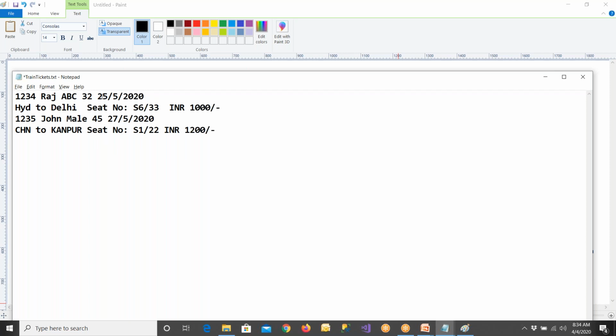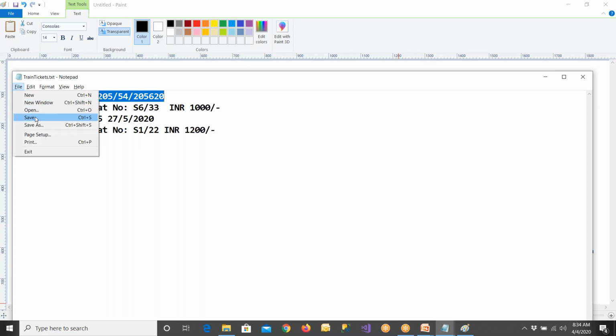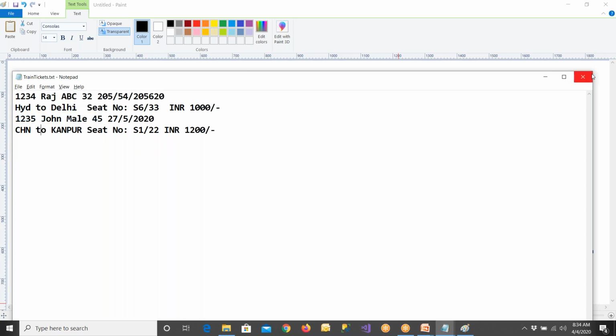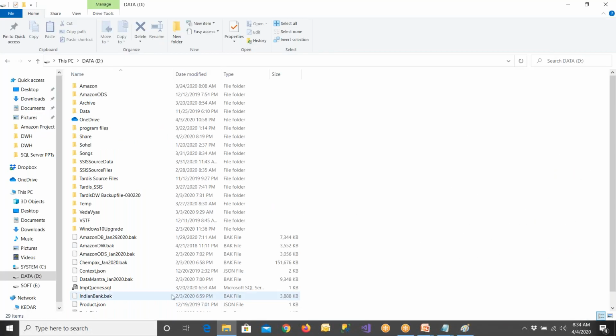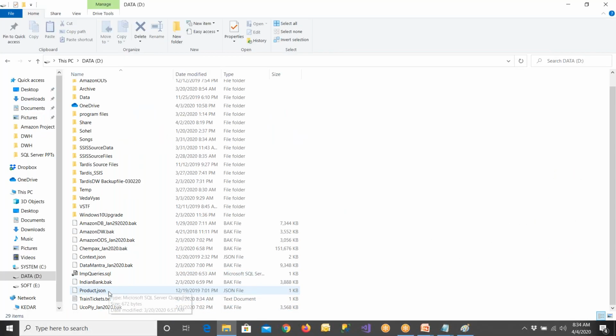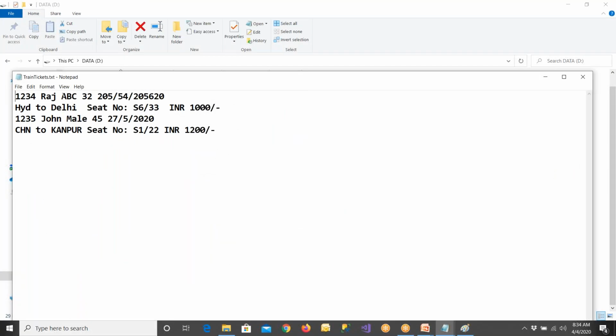And somebody has entered the date as 205, 54, 2020 like this, and people are saving the data. So anybody can easily manipulate and modify the data. This guy will not ask you any question whenever you save the data. It is simply saved. So if you open the data, you will always get wrong data, because people have changed it. So this is the data, train and Hyderabad.